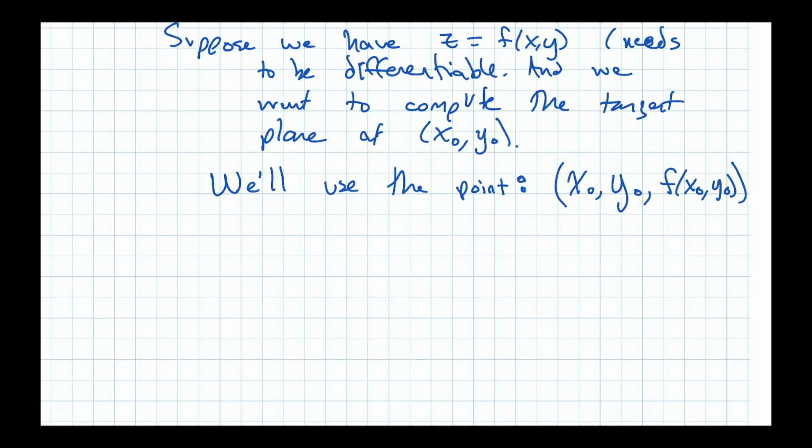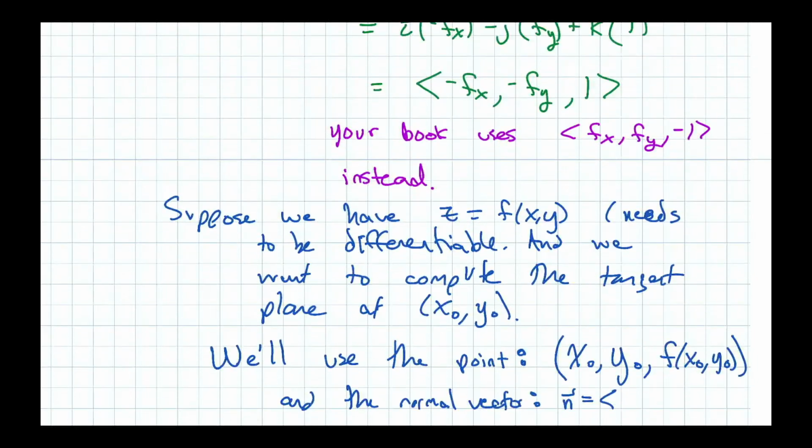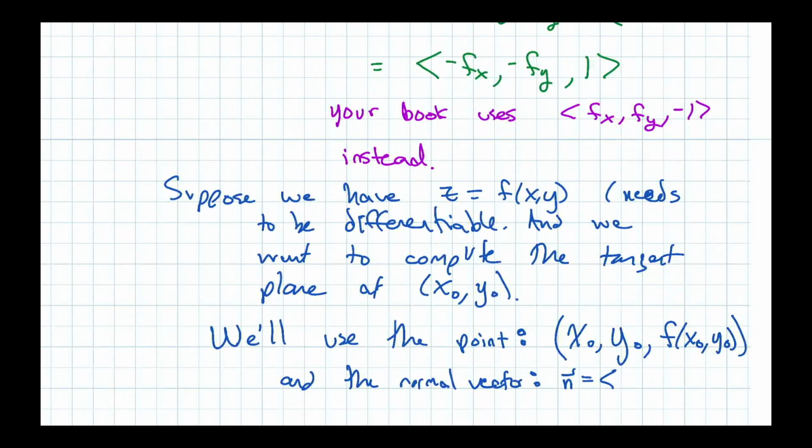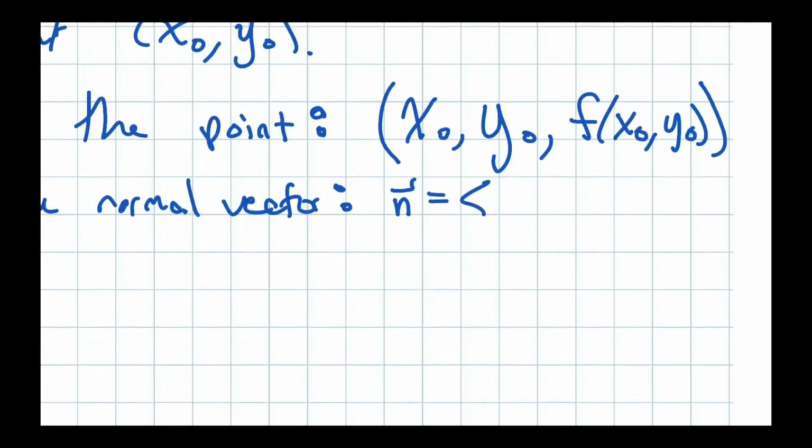That would be your point. Now your slope, you don't have a slope, you have a normal vector. And we're going to use the exact normal vector that I said we're going to use, which was n equals fx, fy, -1, but specifically those need to be evaluated at the point.